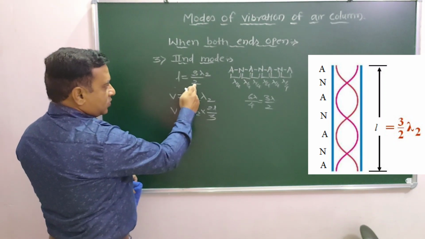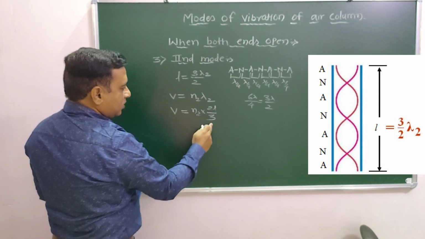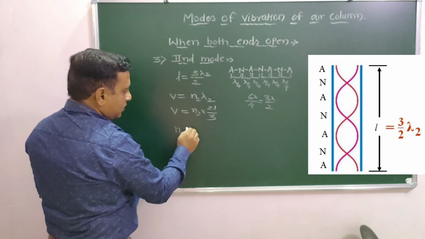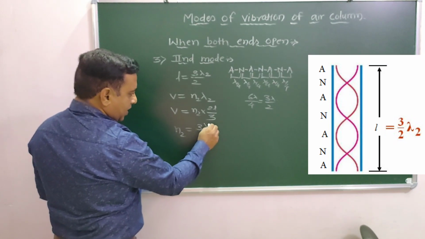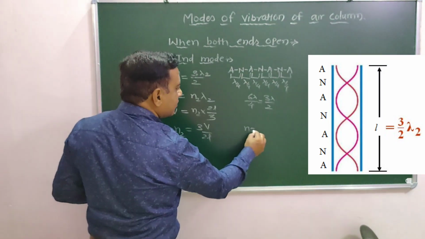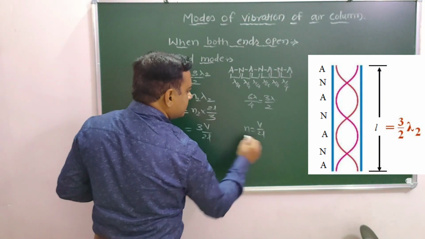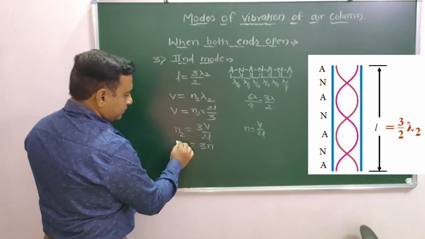Observe it. 2 taken to this side, 3 divided to this side. 2L upon 3. So N2 is equal to 3 V upon 2L. Already we know N is equal to V upon 2L. Okay, so it is 3N.